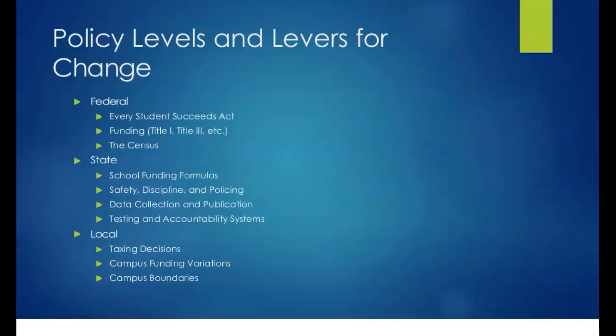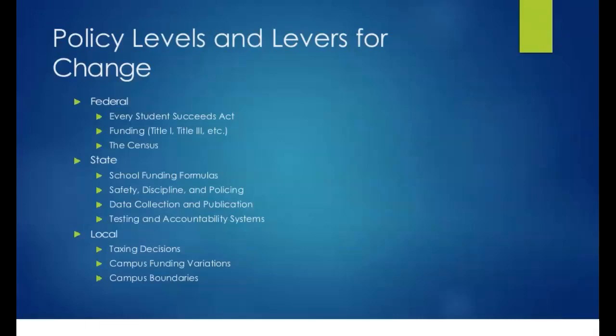And within each of those levels, we can see examples of policies that truly impact schools and students and have a particular impact on poor students, on students of color, on students with disabilities, on LGBTQ students. And so it's important for all of us to be a part of those conversations at every level.